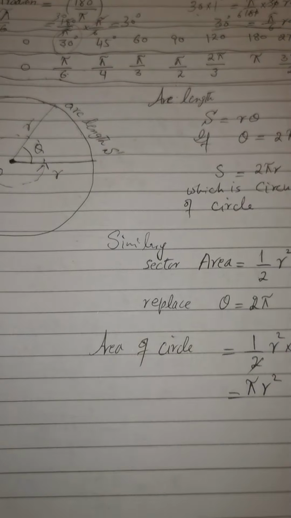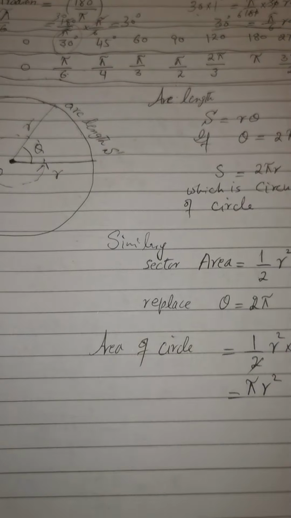Starting from 0, it will be 180 degree up till here, and when it goes back to 0, it will complete 360 degree, one round, 180 plus 180.